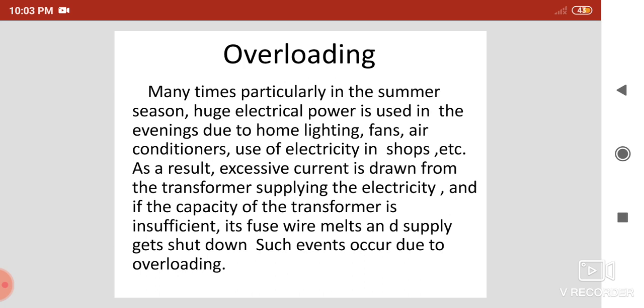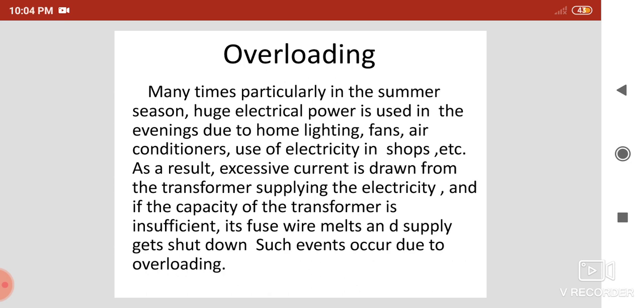So overloading means the flow of a large amount of current in the circuit beyond the permissible value of current. When a large amount of current flows in the circuit beyond the permissible limit, then there is overloading.